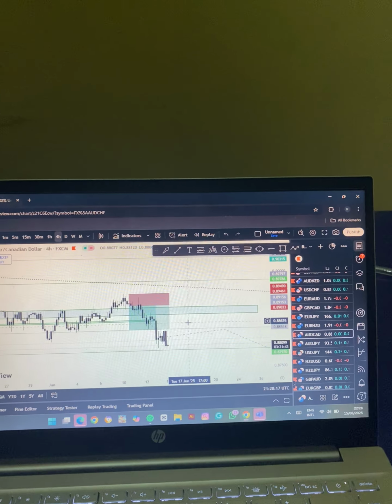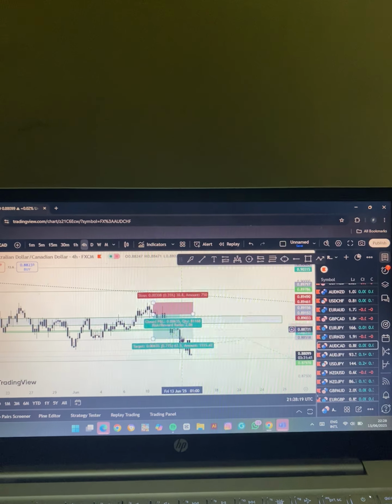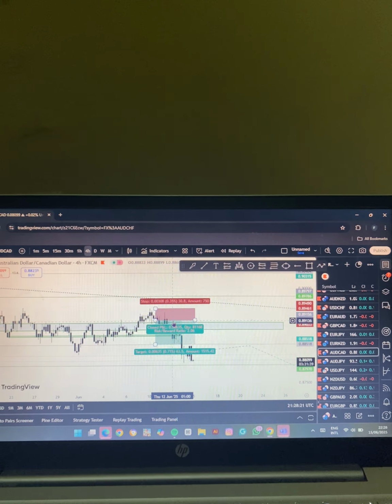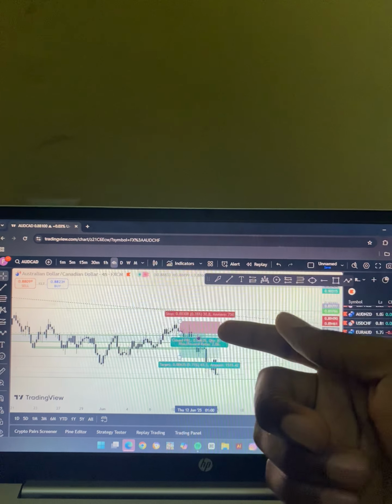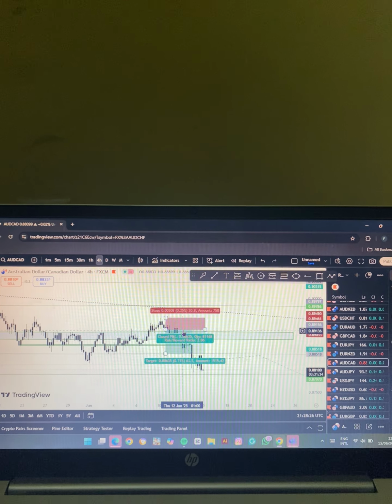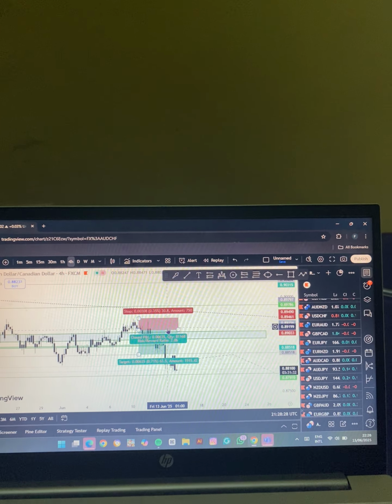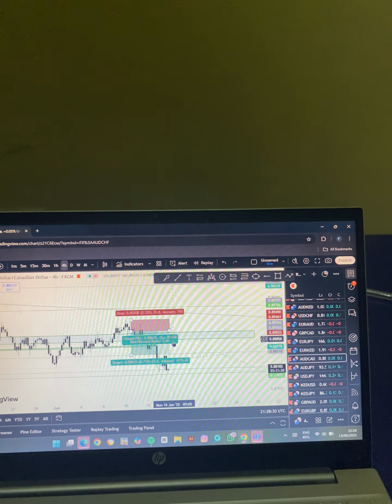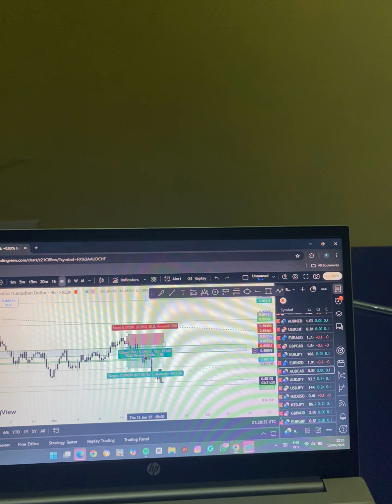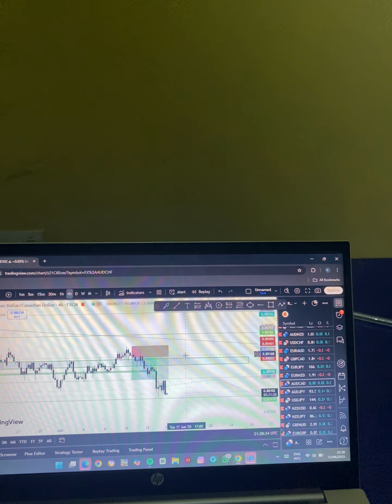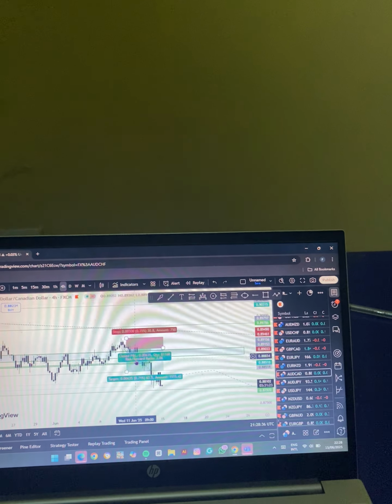At least close some of the trade, leave some open and put the SL at my entry area. That's probably better than putting it in profit.